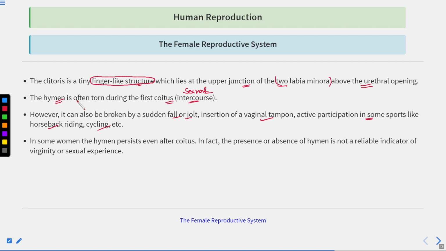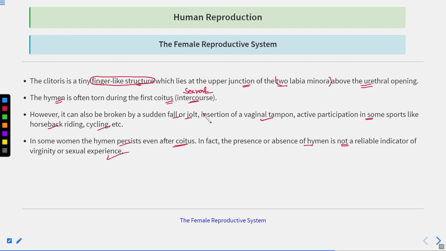Now, in some women, the hymen persists even after the coitus. So even after sexual intercourse, the hymen can persist. So in fact, the presence or absence of the hymen is not a reliable indicator of virginity or sexual experience. Usually there is a thinking that if the hymen is absent, then the female must have experienced coitus, sexual intercourse.